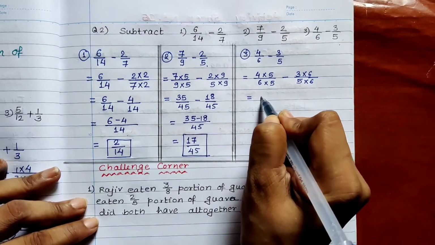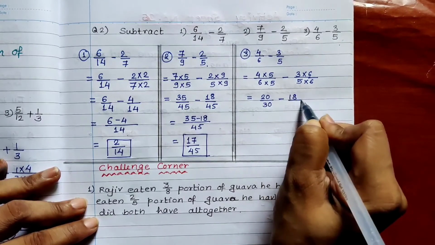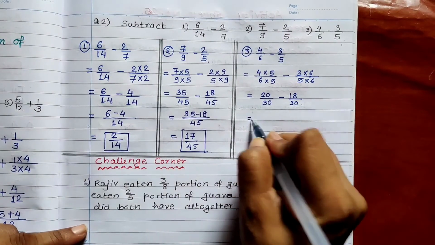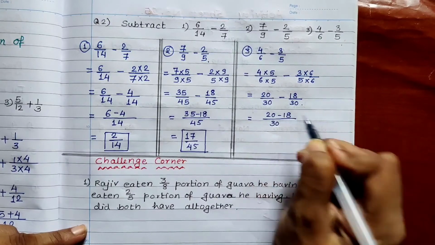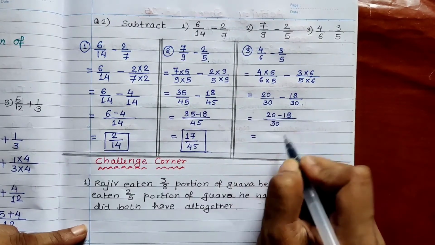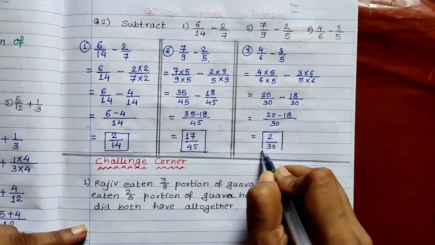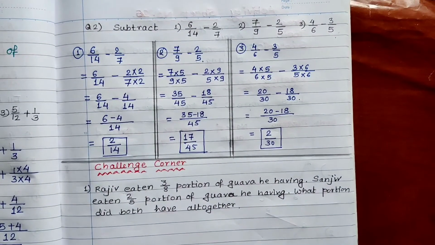Okay, 4 5s are 20, 6 5s are 30, 3 6s are 18, 5 6s are 30. So 30 is the common denominator, we write it one time, 20 minus 18 is 2 upon 30. As it is, in this way we can write the answer. So while adding and subtracting, we have to equalize the denominators, make like fractions and then solve the sums. Now let us go to challenge corner.